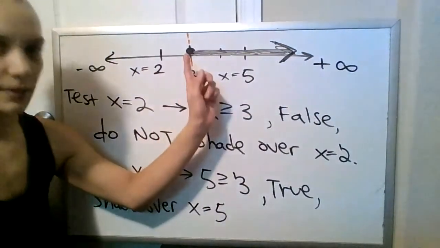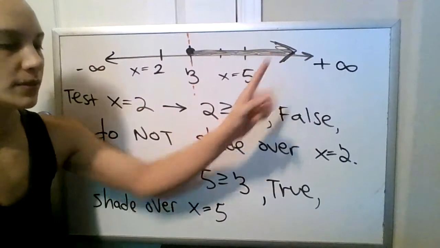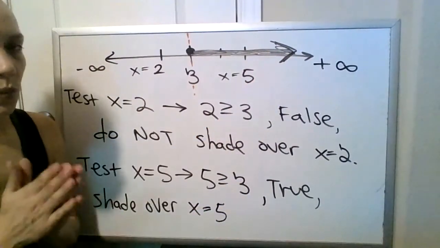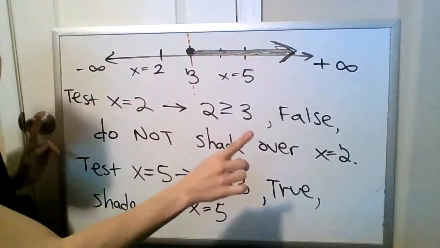And over that whole section, from 3 to +infinity is our graph, and then it's also going to be written in interval notation.